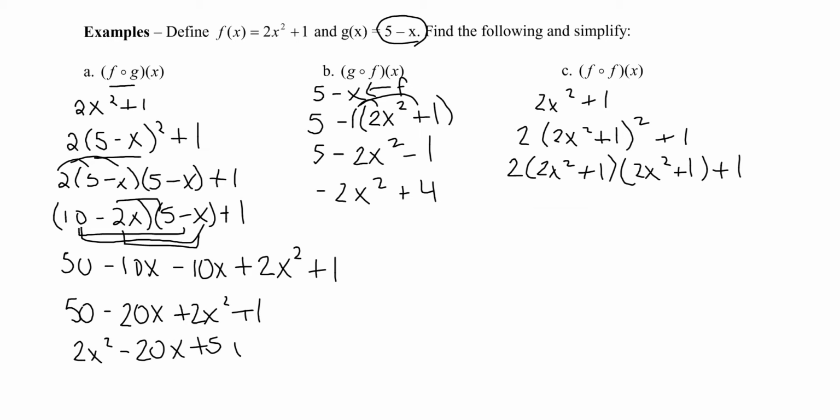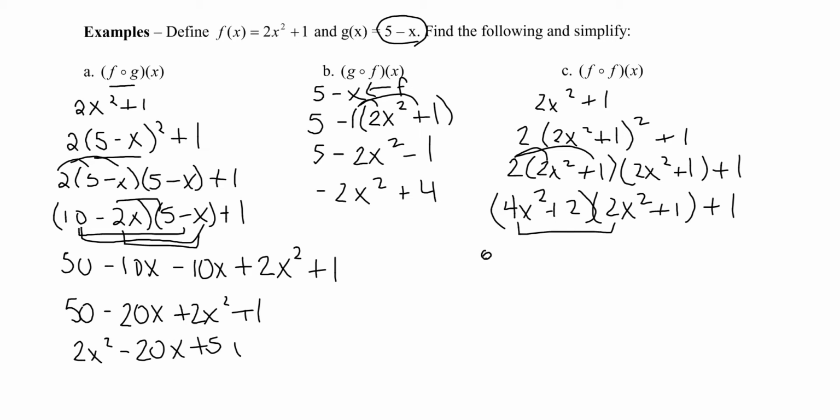And we'll distribute. So we get, for the first one, 4x squared plus 2. And then we'll keep the rest of our problem and go ahead and FOIL. So 4x squared times 2x squared gives me 8x to the 4th. 4x squared times 1 will give me plus 4x squared. 2 times 2x squared will give me 4x squared.